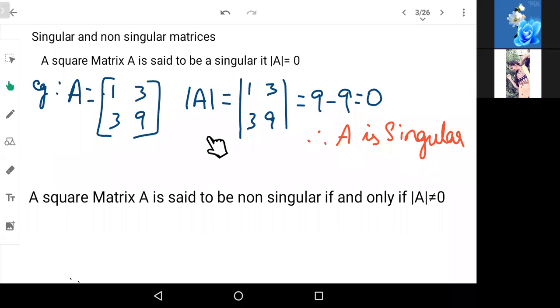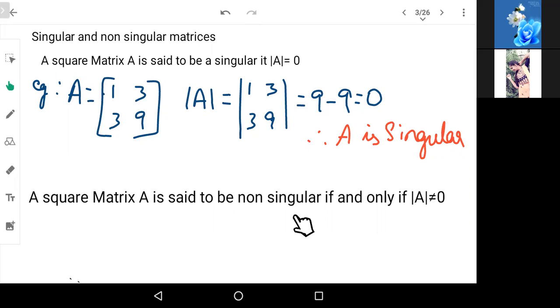If the determinant of a matrix is not equal to 0, it can be 2, 5, 10, minus 15, minus 80, minus 25, plus 30, plus 100, anything apart from 0, then it is called a non-singular matrix.